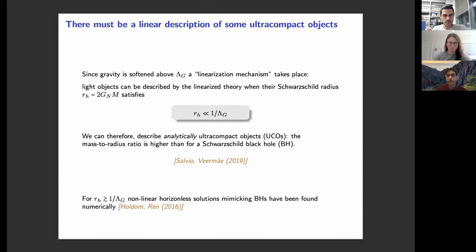When the Schwarzschild radius r_H, which is 2G_N M, satisfies this bound, r_H much smaller than 1 over lambda_g, we can describe analytically ultracompact objects, basically because the linear theory holds in this regime. And there is also another talk by Bob Holdom in this conference, which discusses the case r_H greater than 1 over lambda_g.